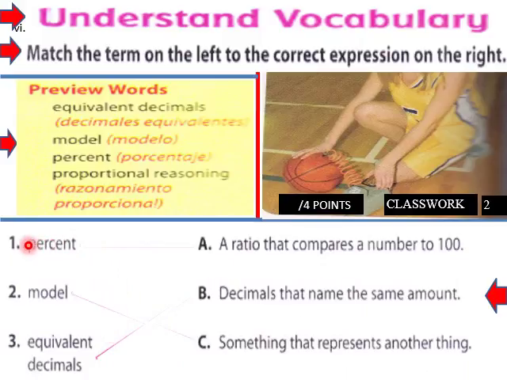For percent, which of these definitions would match? A ratio that compares a number to 100. Model, something that represents another thing, would be a model. And then equivalent decimals, decimals that name the same amount. So there is our match there.